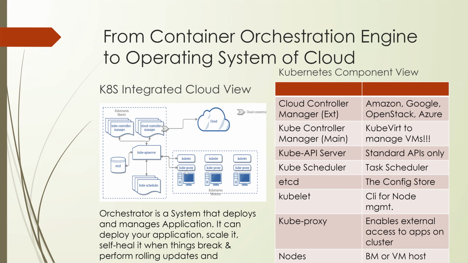Then we have feature sets offered by the controller, some of them like auto scaling, zero downtime, rolling updates, replication, and so on and so forth. All those features are offered by the controller.